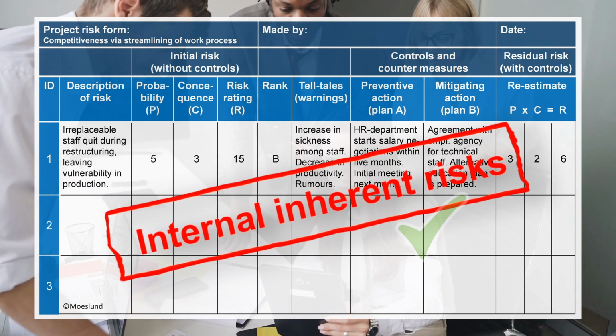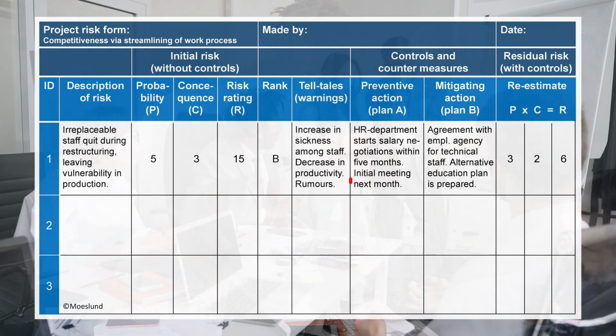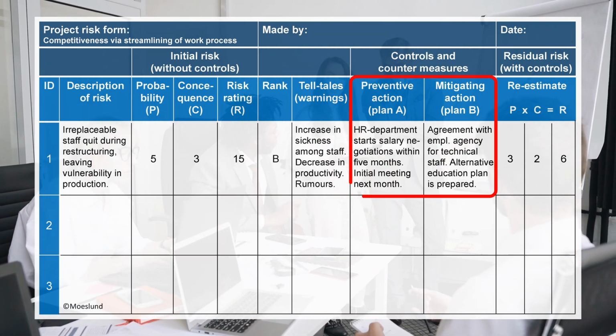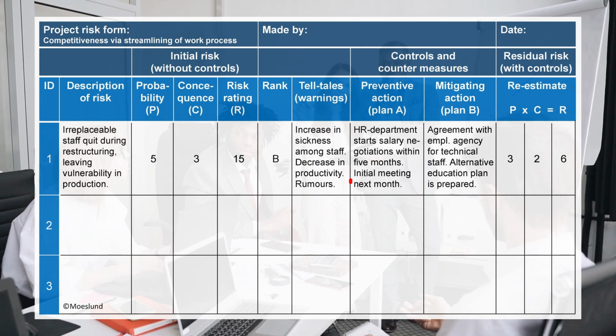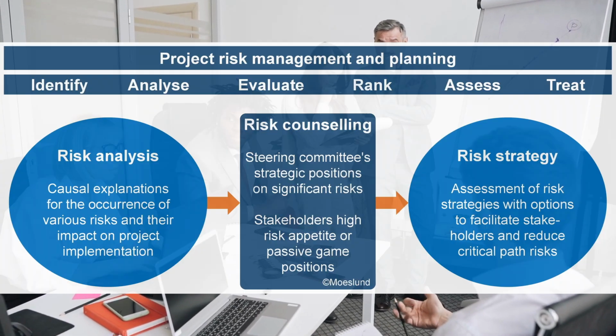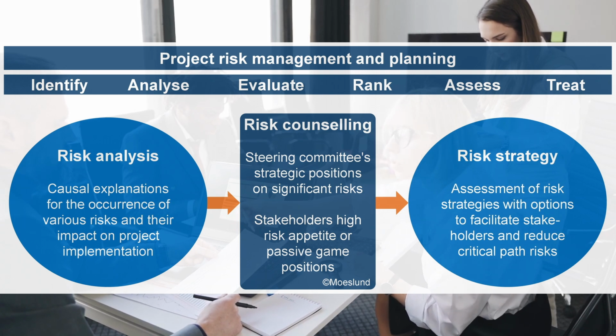Once the inherent risks have been addressed with resilience treatment, the residual risks must be addressed with security measures in the form of either preventive or mitigating actions. As we saw earlier, residual risks are therefore risks that remain and cannot be eliminated by resilience system treatment.